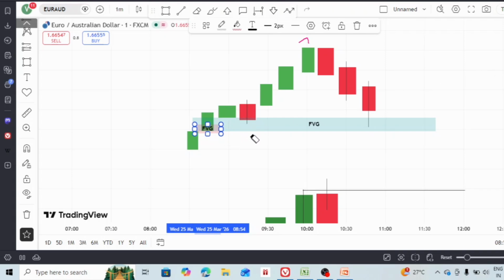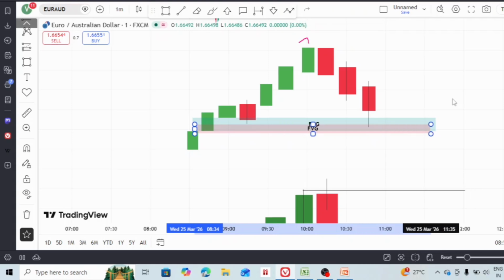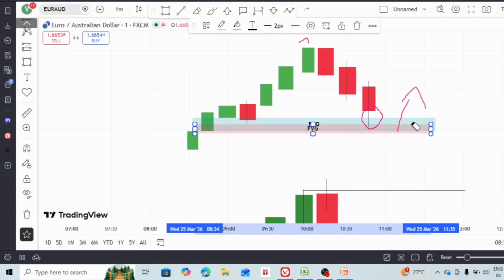So these are the manipulation gaps. Even if the candle gives rejection from this gap, you cannot place your trade in the upward or the downward direction. In a bearish downtrend, it will be the opposite of this one.